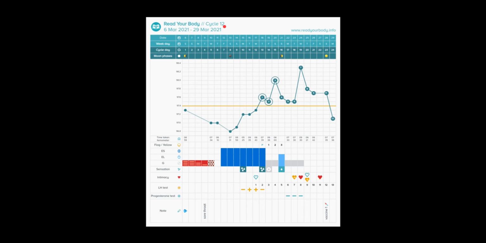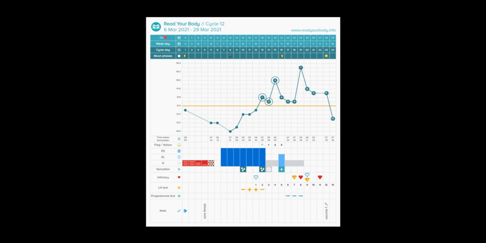This number isn't totally accurate for me because this was my 12th cycle in Read Your Body, but before that I've been charting for many years, so this might have been my 50-something-ish cycle. I honestly don't know, but it's definitely up there in the 50s or 60s because I've been doing this for quite a while.